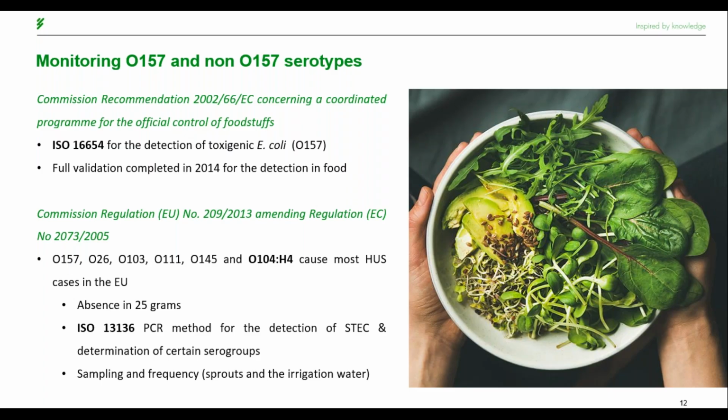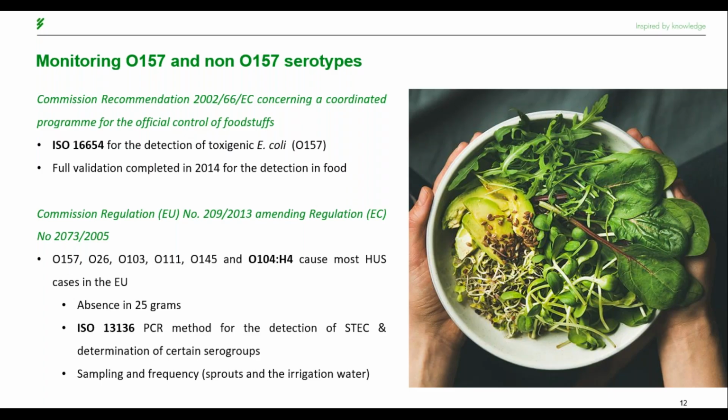Finally, we have Commission Regulation 209/2013 for the microbiological criteria that should be considered for these 6 serogroups that are recognized to be those causing the most hemolytic uremic syndrome, HUS, cases, being O104:H4 the responsible, as we've seen, for the 2011 outbreak.